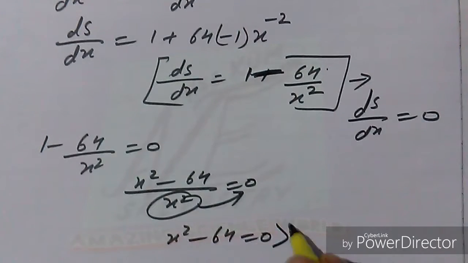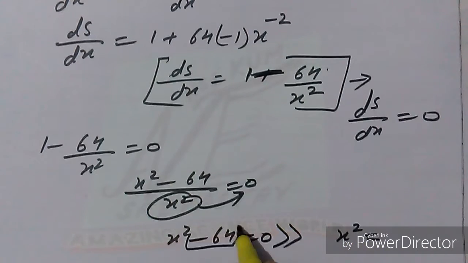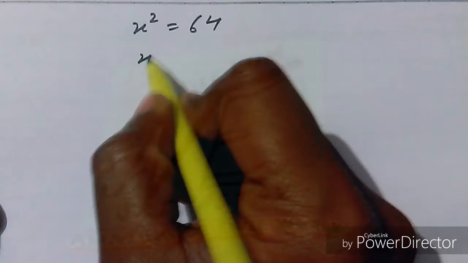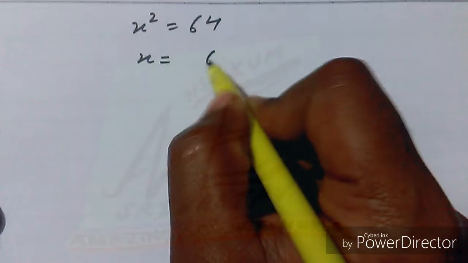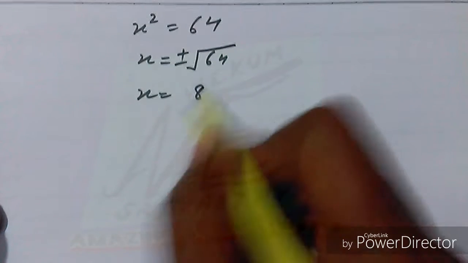Now x square is equal to 64, so the value of x is plus and minus the square root of 64.